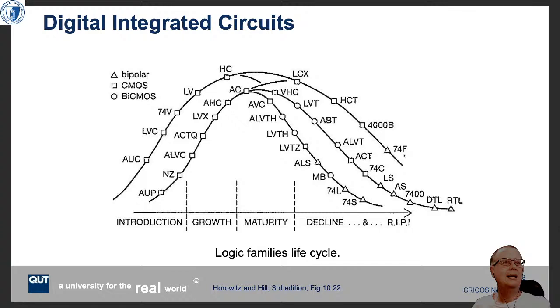And you can see over here, I talked about resistor transistor logic previously. There's also diode transistor logic, and then a lot of these others. The standard devices we've been using have been 74LS or 74F devices.